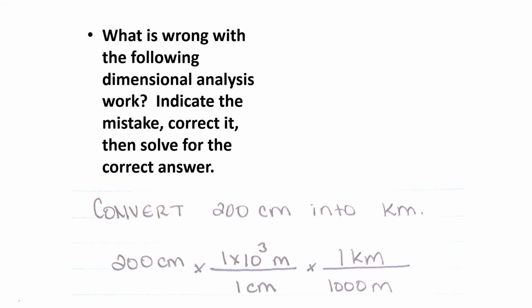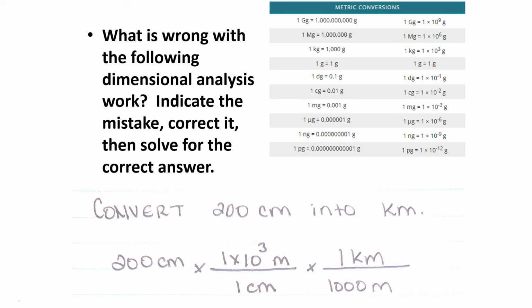Determine what's wrong with the following dimensional analysis and indicate what the mistake is, correct it, and solve for the right answer. Pause the video to make your corrections. If we look at the dimensional analysis and we look at centimeters, our dimensional analysis is incorrect.